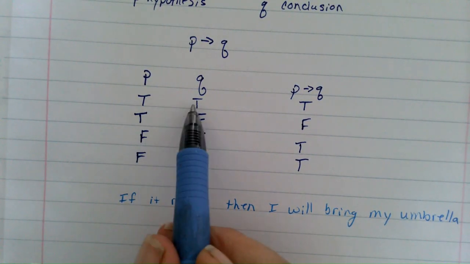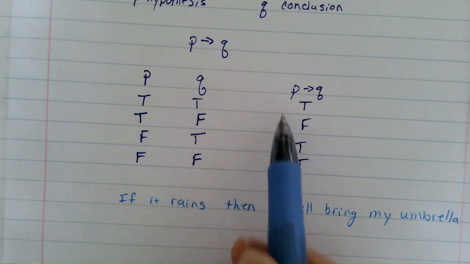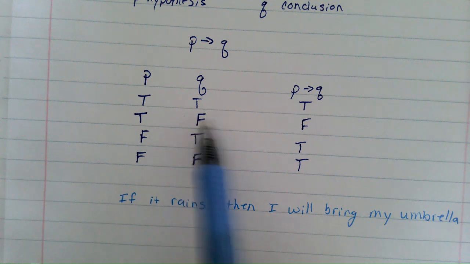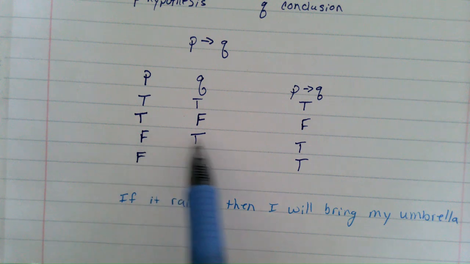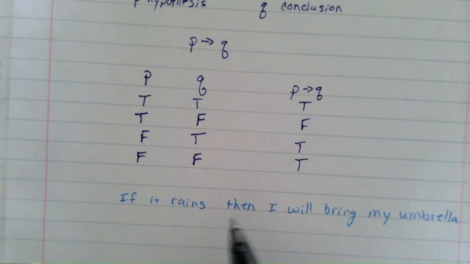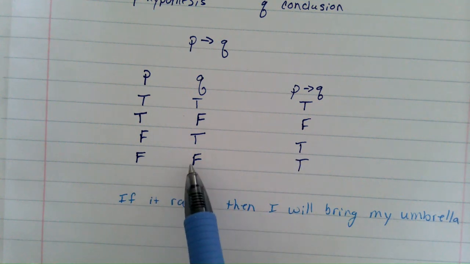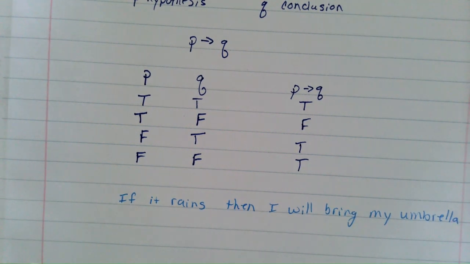It rained, then I brought my umbrella. They told the truth. It rained, but I didn't bring my umbrella. There they told a lie. It didn't rain, but I brought my umbrella. Well, they only said that they were guaranteeing their umbrella if it rained, so they didn't lie. It didn't rain, and I didn't bring my umbrella. Still, they didn't lie. So when we think about true or false being, did they lie? That makes a little more sense.